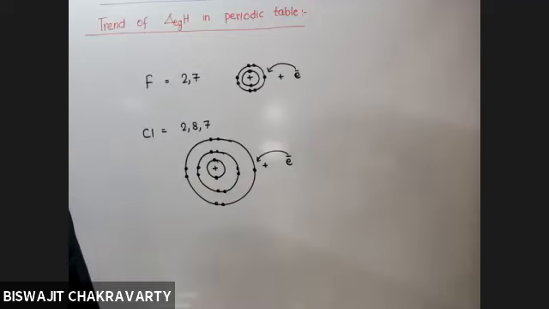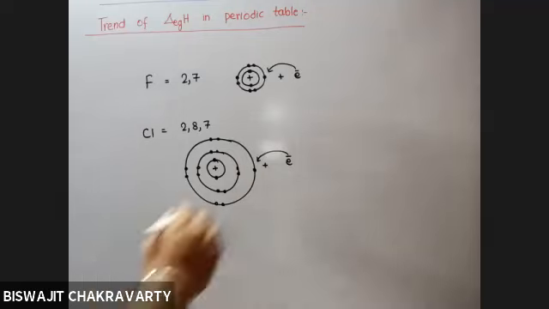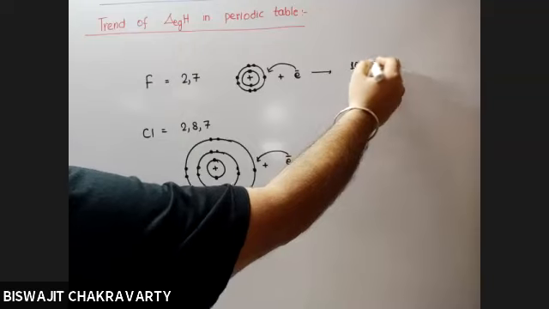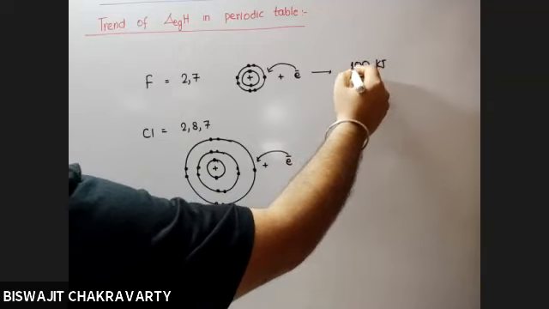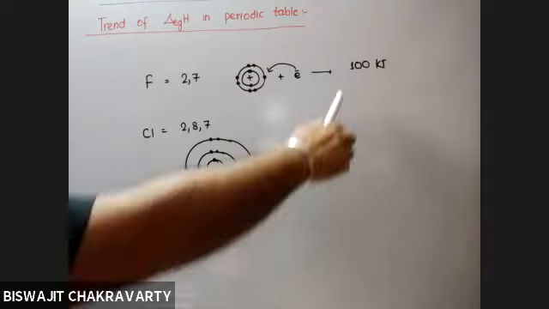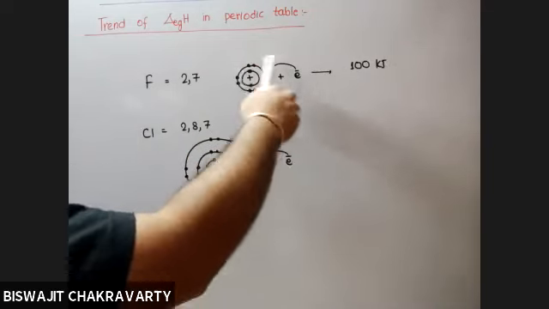Yes, sir. Now, theoretically, suppose we were expecting 100 kilojoules of energy to be released when this electron is added. Of course, whenever an electron is added, energy will be released because it's a halogen atom. So suppose theoretically we were expecting that this much energy should be released when an electron is added.